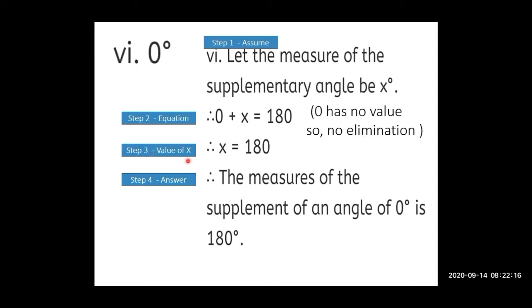Directly the value of x. We will write here, therefore, x equals 180. So our final answer is, therefore, the measure of the supplement of an angle of 0 degrees is 180 degrees.